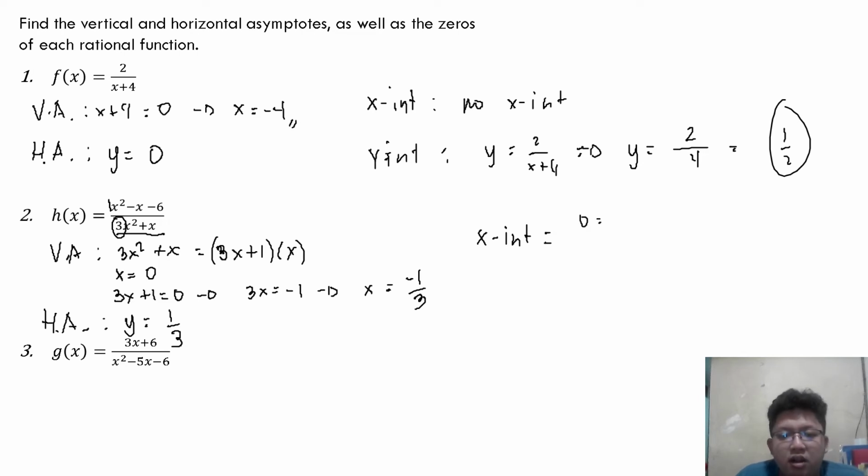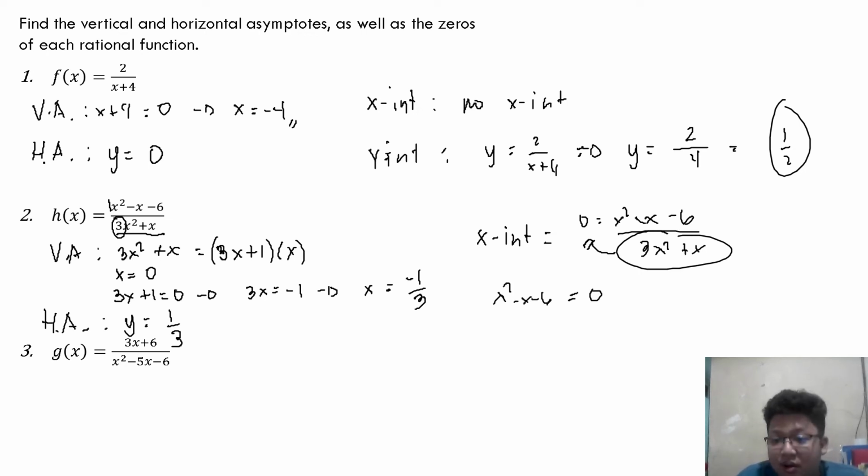So, 0 equals x squared minus x minus 6 over 3x squared plus x. So, this will be multiplied to 0, di ba? And any number multiplied to 0 is 0. That's why we just need to equate the given x squared minus x minus 6 to 0. Kasi yun lang din naman po yung magiging sagot natin doon.